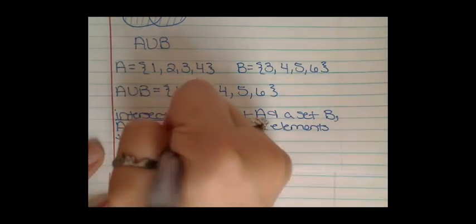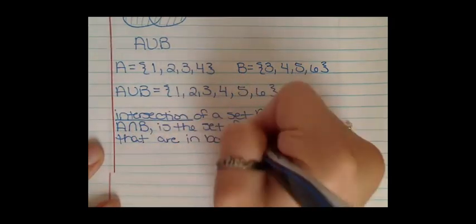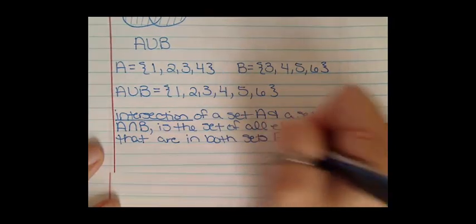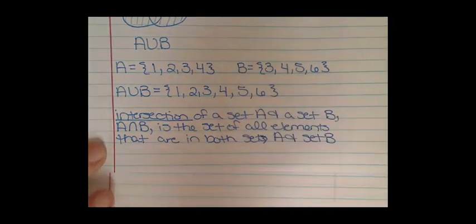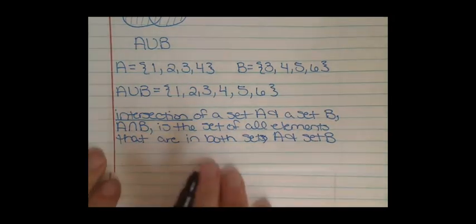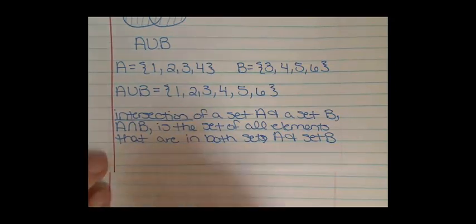Okay, so union was, it was either in A or B. Intersection, it has to be in both. So if you're thinking of the Venn diagram, then we have A and B. And the intersection is just the things that they have in common.